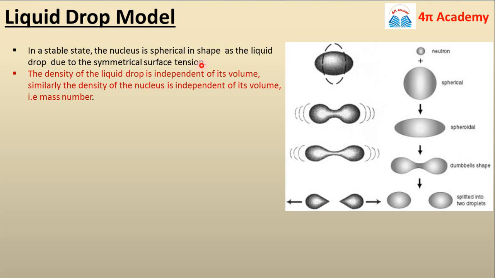In the first lecture we discussed the density of the nucleus. The density of the nucleus is independent of the volume and the mass number of the nucleus. In a similar way, the density of the liquid drop is also independent of its volume.